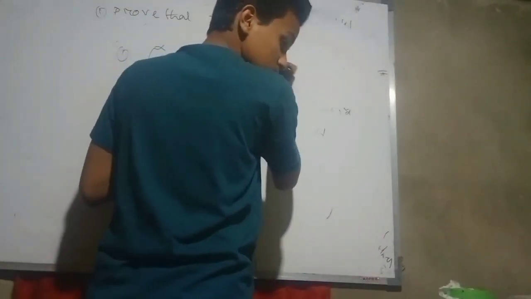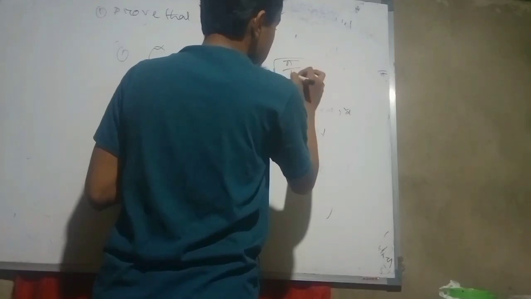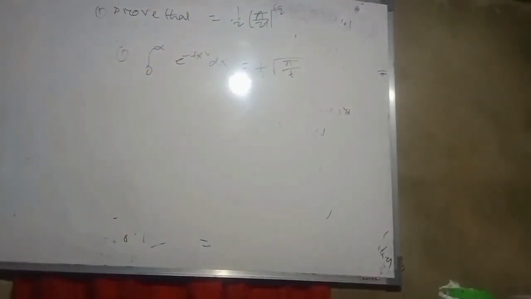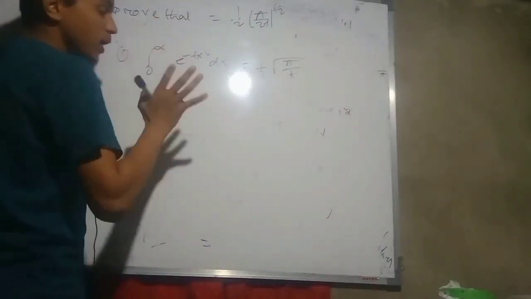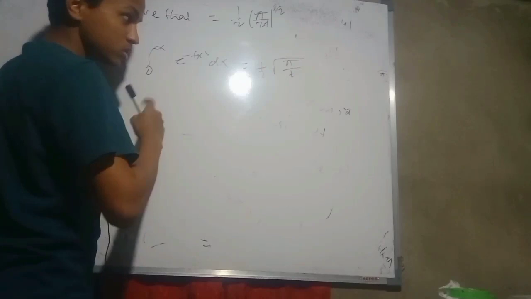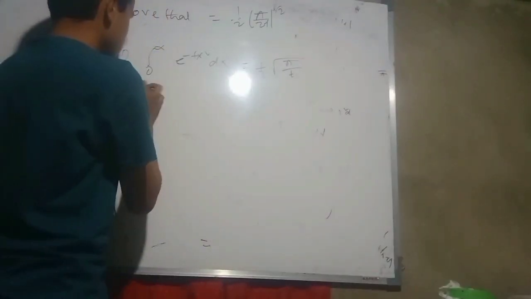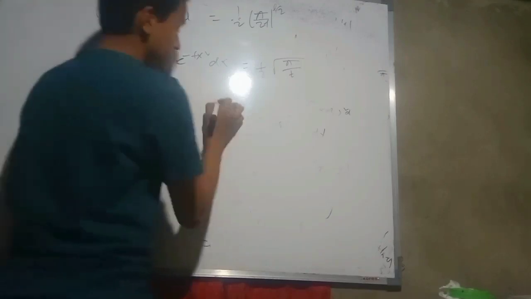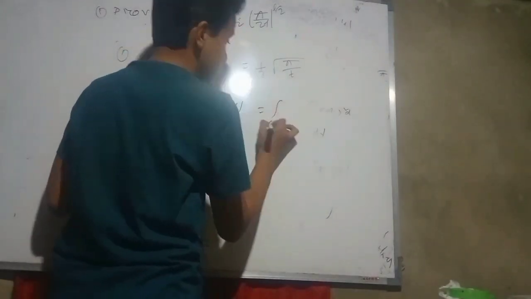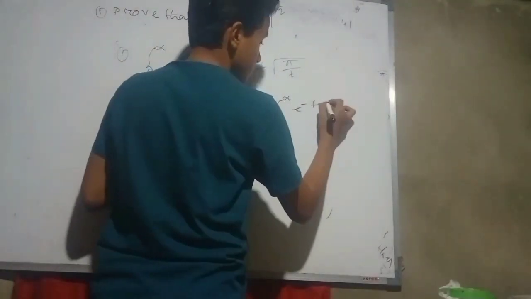That is your part, you have to do it. Can you do it? Pause the video, solve it, find it, prove it. I am giving you f of t, you have to prove it.